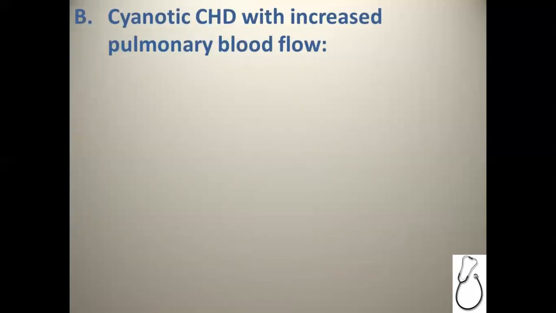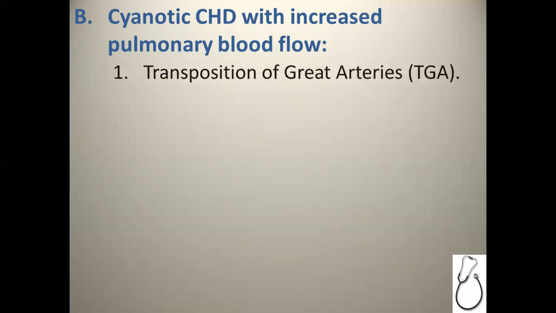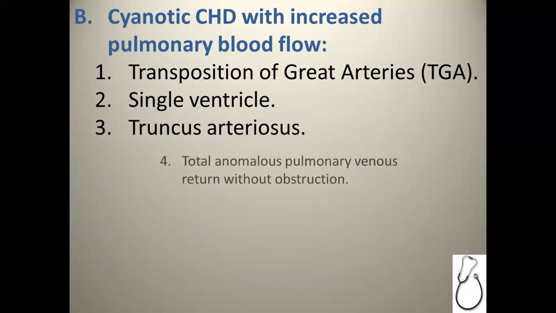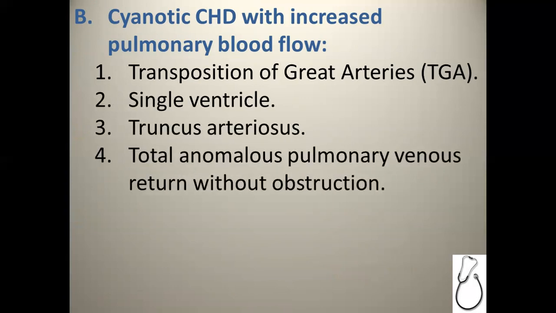Second group is cyanotic congenital heart disease with increased pulmonary blood flow. These include transposition of the great arteries, single ventricle, truncus arteriosus, total anomalous pulmonary venous return without obstruction.